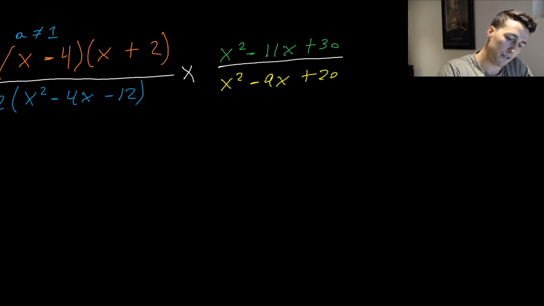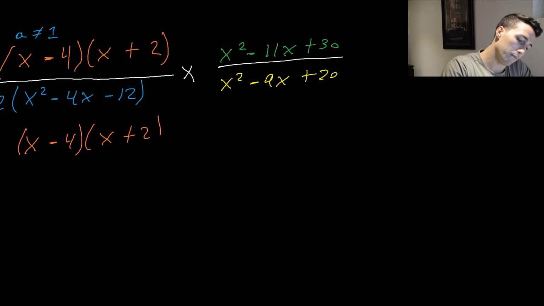Now that everything looks similar to the last question, we can go about our factoring. So this top term is going to stay the same. We've already factored it. And this bottom term here, we can now factor it as a normal trinomial where a is equal to 1. So it's going to be x minus times x plus.